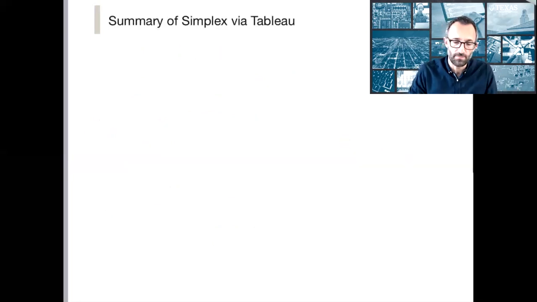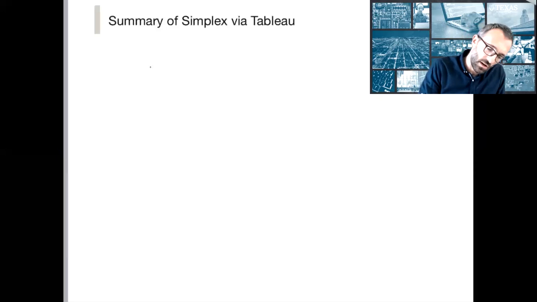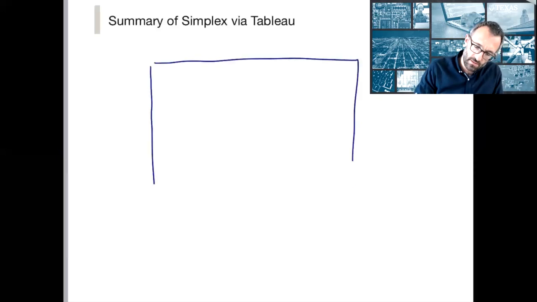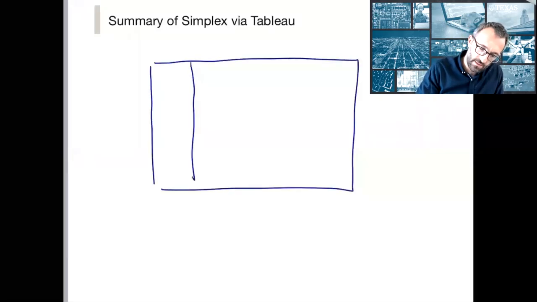The overall point is that our simplex method looks like this.